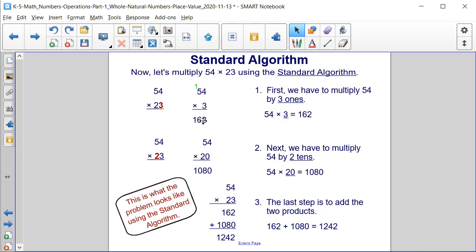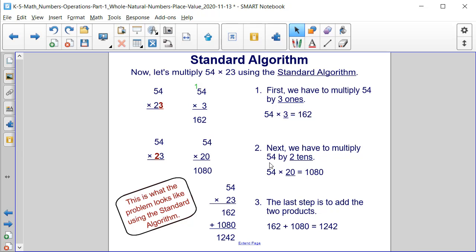So we're going to put the 2 down, and we're going to bring the 1 over to the next column to regroup, because again, this 1 represents the 10 from 10 plus 2, which gives us 12. Then we're going to multiply 3 times the 5 in 50, which is 15, or 150, and then we're going to add this extra 10 more to get 162 as the final product for this one.